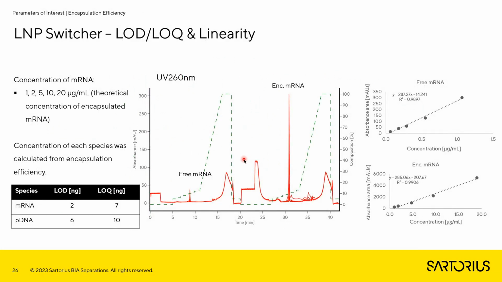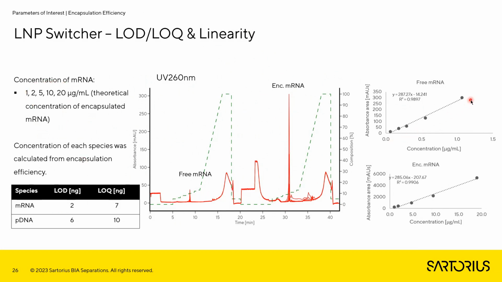Okay, then we also checked a few main validation parameters of this method. For example, we checked linearity by injecting different concentrations of encapsulated mRNA particles on this switcher. Here is a chromatogram presenting an overlay of these differently concentrated samples.